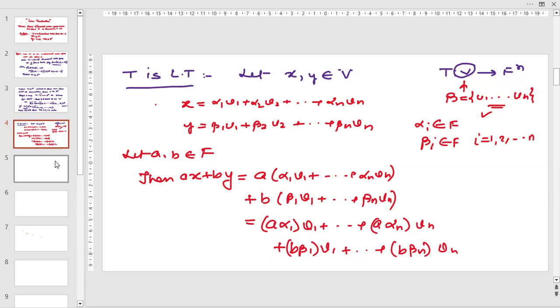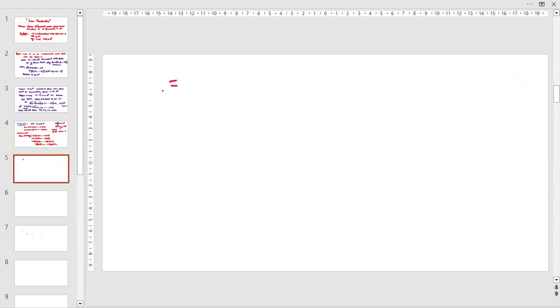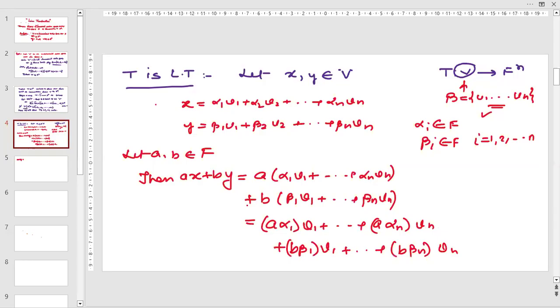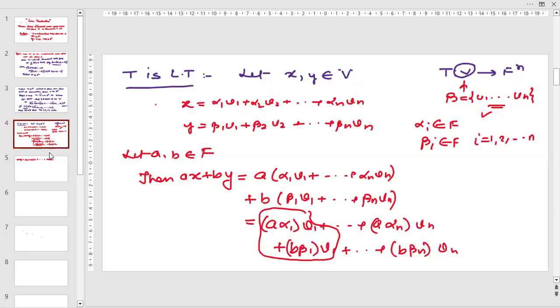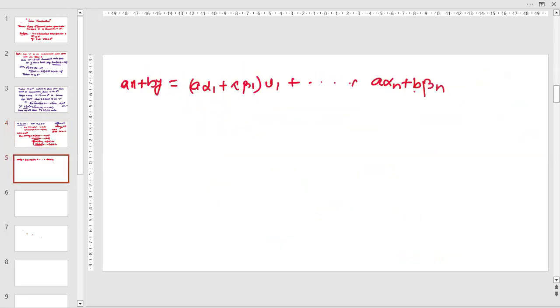Simplifying this, we club them correspondingly, so ax plus by is equal to (a alpha 1 plus b beta 1) V1 and so on to (a alpha n plus b beta n) Vn.